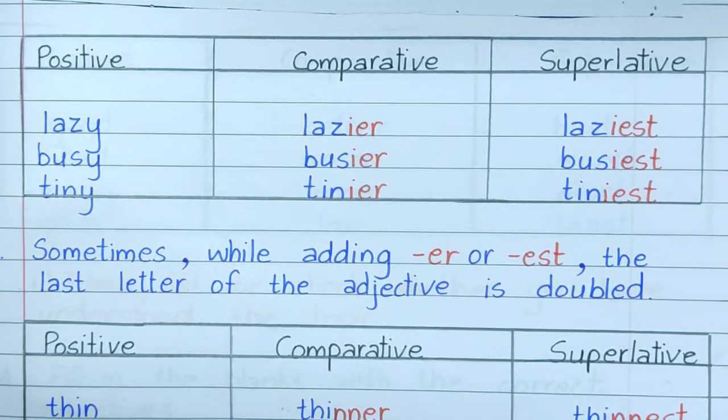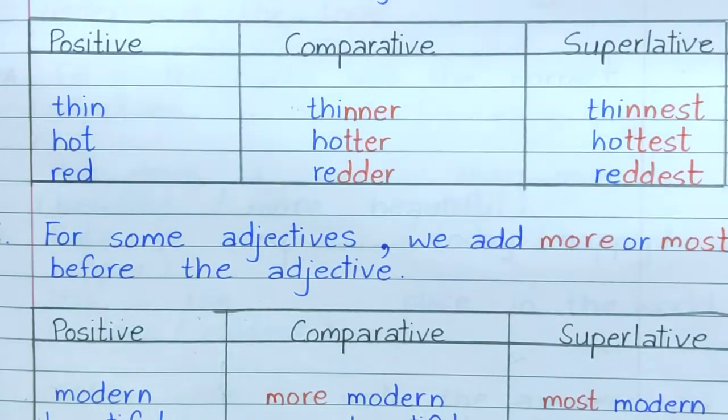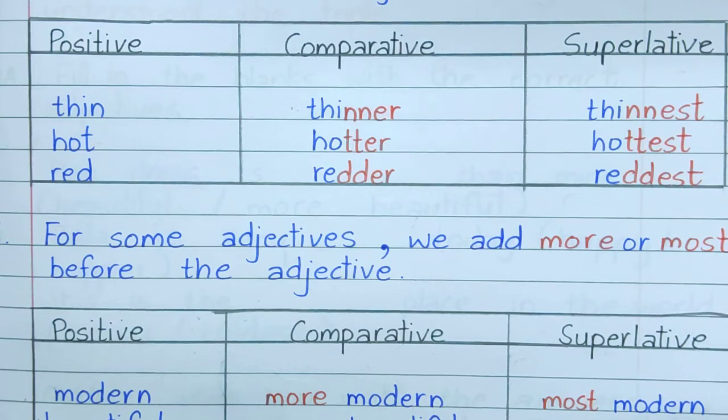Rule number 4. Sometimes we add er or est when the last letter of the adjective is doubled. Example: thin, thinner, thinnest. Hot, hotter, hottest. Red, redder, reddest.